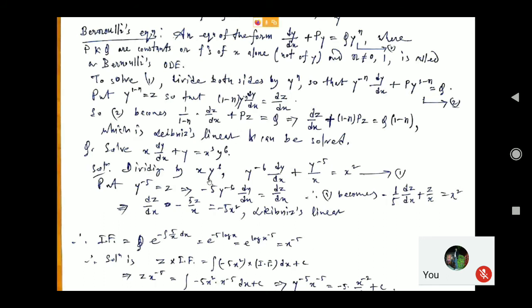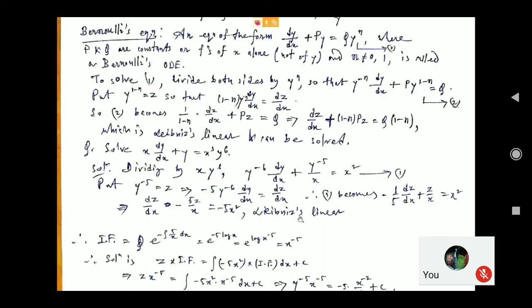Because first we need to put it in Bernoulli's equation form. If it is of Bernoulli's form, then we can convert it into Leibniz's equation.